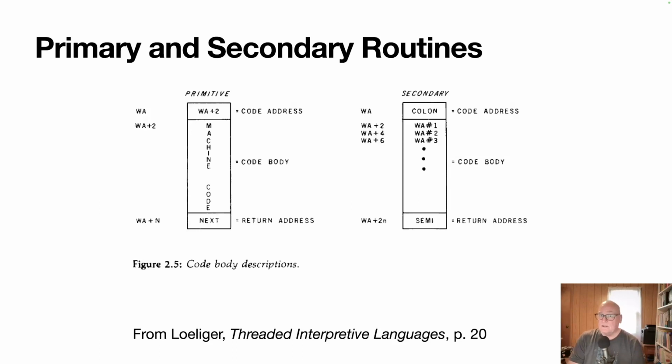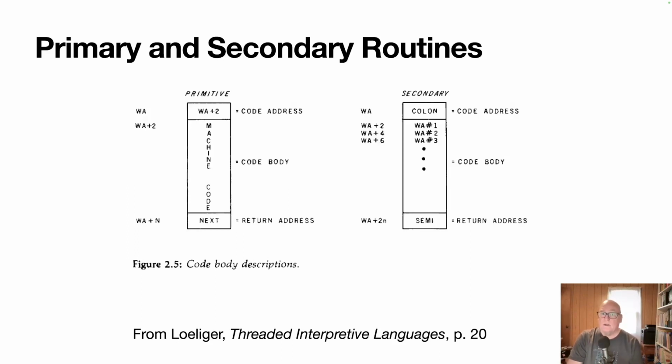The secondaries are built out of primaries and secondaries, so it's a recursive kind of notion. It builds a tree. Instead of pointing to the code address directly, it points to colon, which is the routine to start a secondary running, and colon is going to keep a counter and execute the first one. Each entry there is the address of either machine code or another secondary.